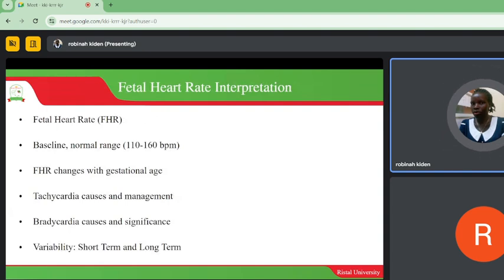Then fetal heart rate interpretation. So fetal heart rate, we look at the baseline, which is the normal range of between 110 to 160 beats per minute. So fetal heart rate can change with gestational age.